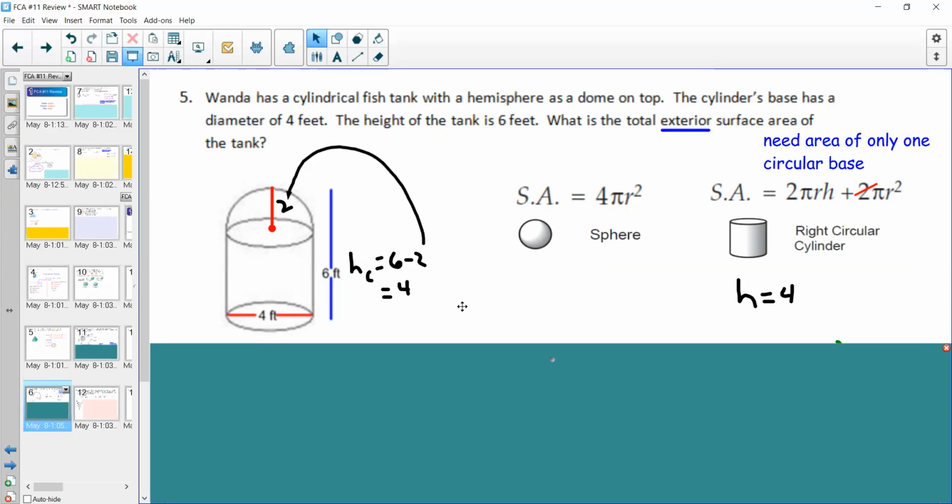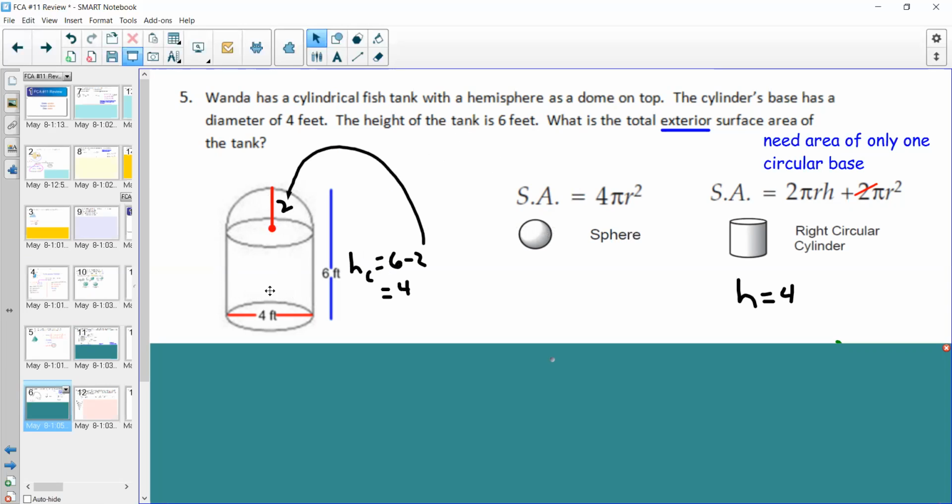And so this one's a tough one because you have to visualize a couple things. The cylinder's base has a diameter of 4 feet, and the height of the tank is 6 feet. So that's from the base to the very top of the hemisphere. That's important to distinguish because we don't have a formula for the surface area of a solid like this, so we'll have to do it individually.